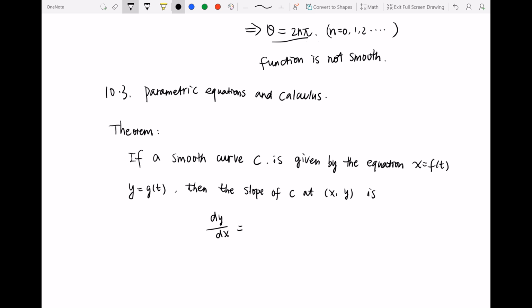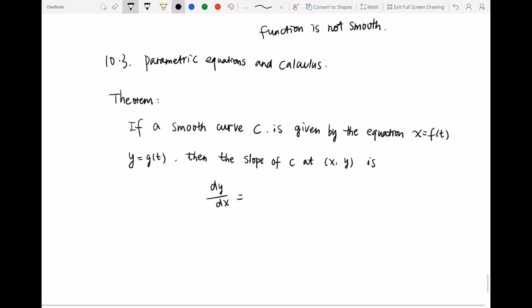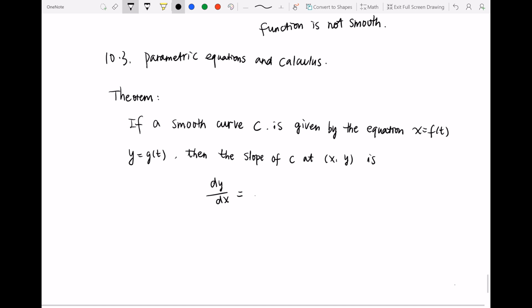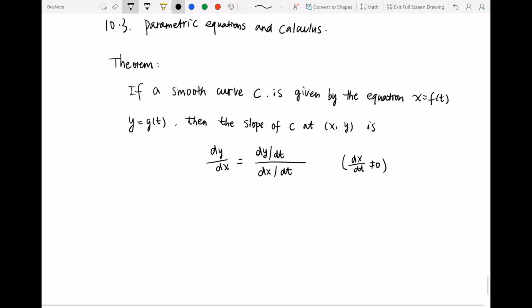The slope at one point is dy over dx. The slope of a tangent line is the derivative. dy over dx equals dy over dt divided by dx over dt. And here dx over dt cannot be 0 because it's the denominator.